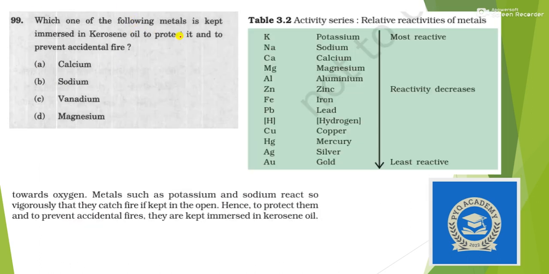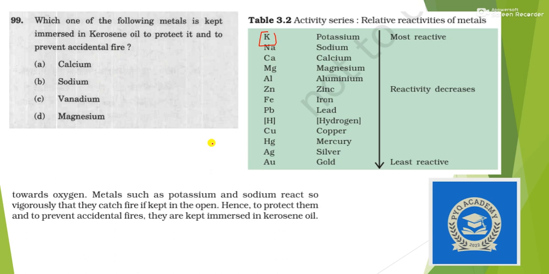Which one of the following metals is kept immersed in kerosene oil to prevent accidental fire? Okay, that means it is asking which of the following is the most reactive. In the reactivity series, you can see that potassium is the most reactive, after that sodium, then calcium, magnesium.